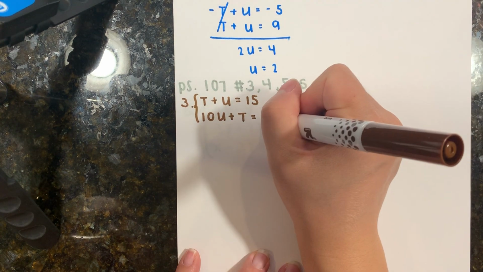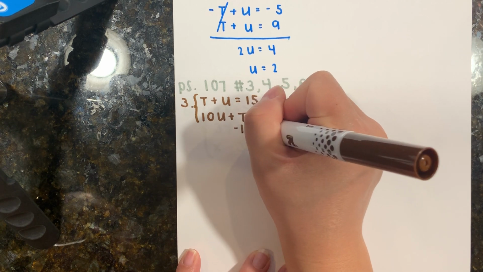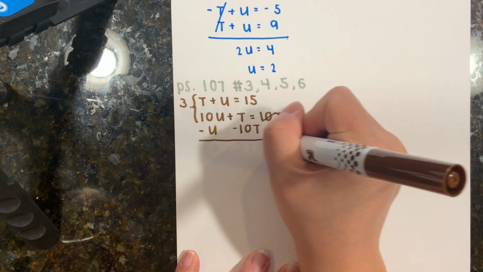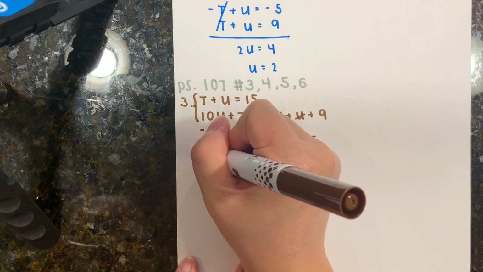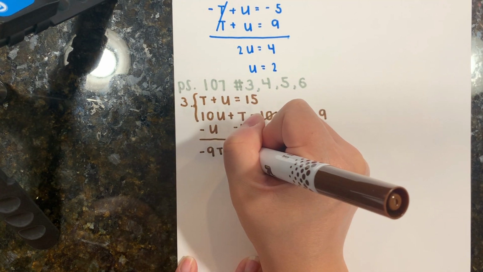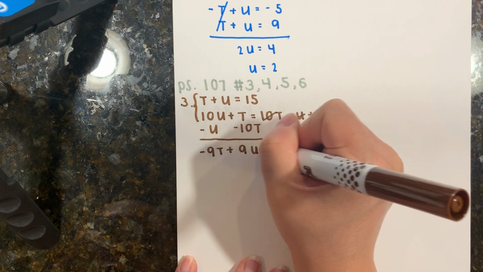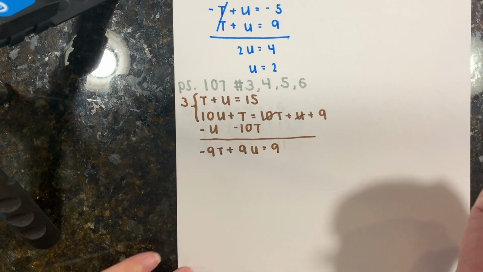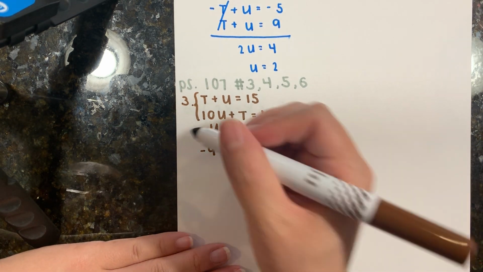So now if I bring the 10t to the other side, bring the u to the other side, and if you rearrange it, you would get negative 9t plus 9u is equal to 9. And again, just like on that last problem, it makes it a lot easier if you simplify this equation.